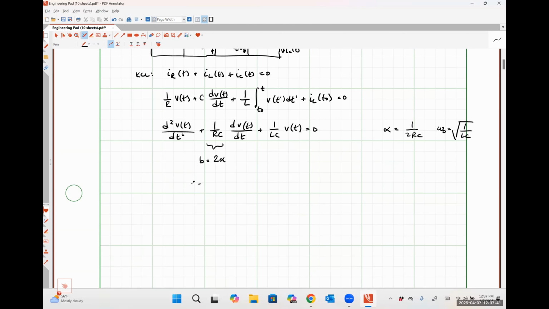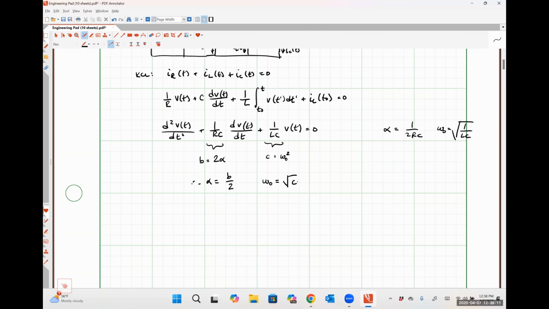Or expressed another way, we could say that alpha is just this coefficient b from our second order differential equation divided by a factor of 2. And pretty similarly, this guy right here, which I'm going to call lowercase c, looks to just be omega naught squared. So I could say that omega naught is just the square root of whatever that coefficient lowercase c is.